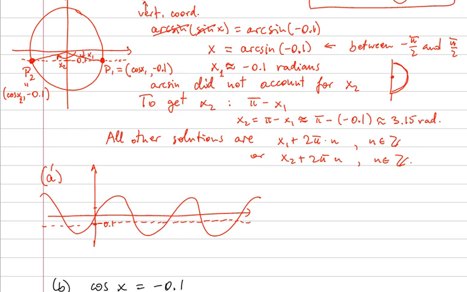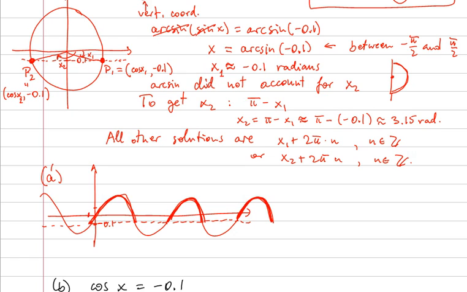And what I want is all the pieces of my function where sine is bigger than negative 0.1. So I want all these intervals here. They're all solutions of this inequality.